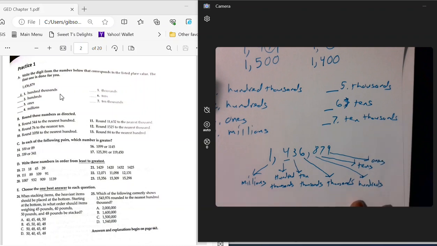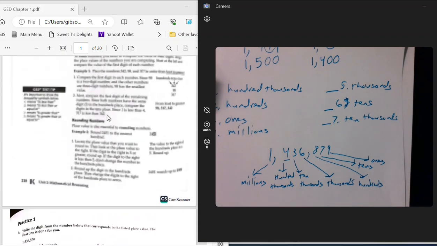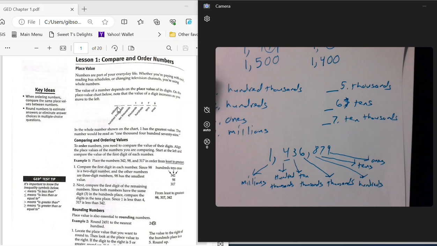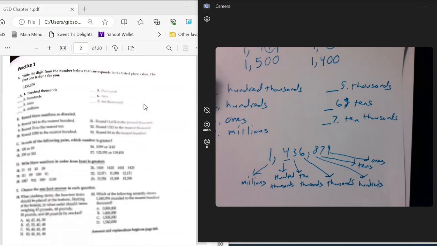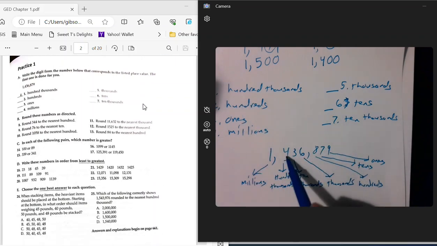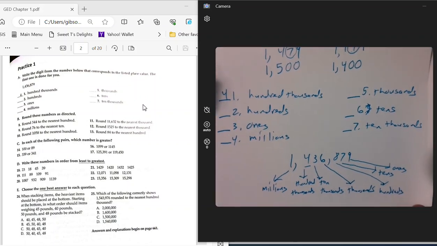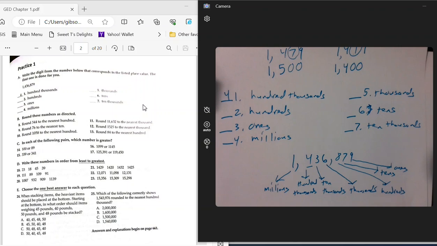Okay, now I was not able to write it like the book has it. If you go back to the previous page, to our example, you see how it's written, basically going sideways here, but I can't really write like that. So now, we'll go through. They say 100,000s. The 4 is in the 100,000s place, so we put 4. Next, we look for hundreds. We notice here that the 8 is in the hundreds place, so that would be 8.